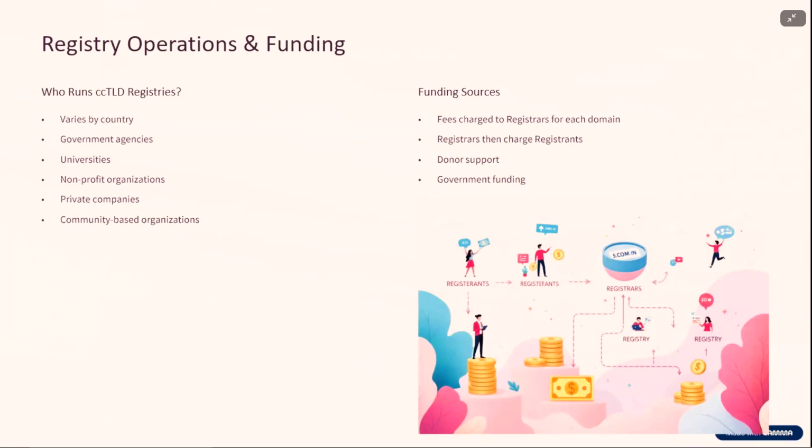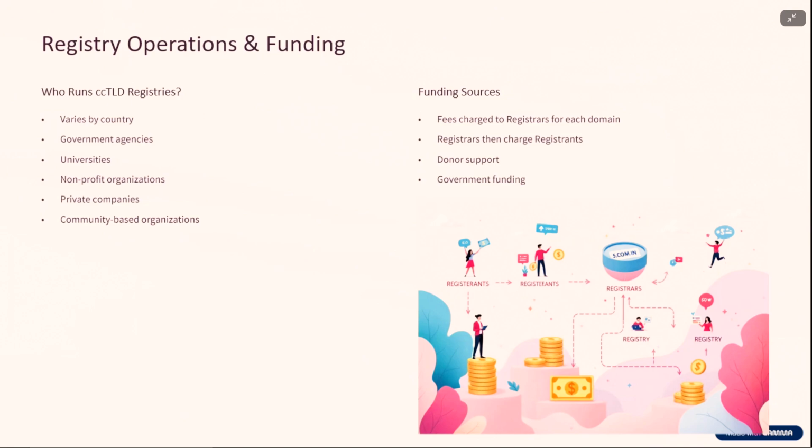The registry operations and then the funding. Who runs the ccTLD registries is a question we get most of the time. And this varies by country, in the way the registry is run. In some countries, the government agencies run the registry and they are responsible for the regulation and management of this.